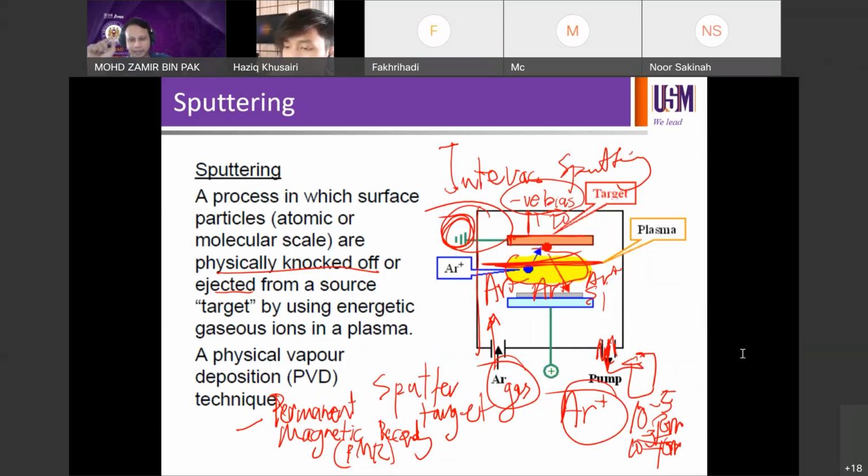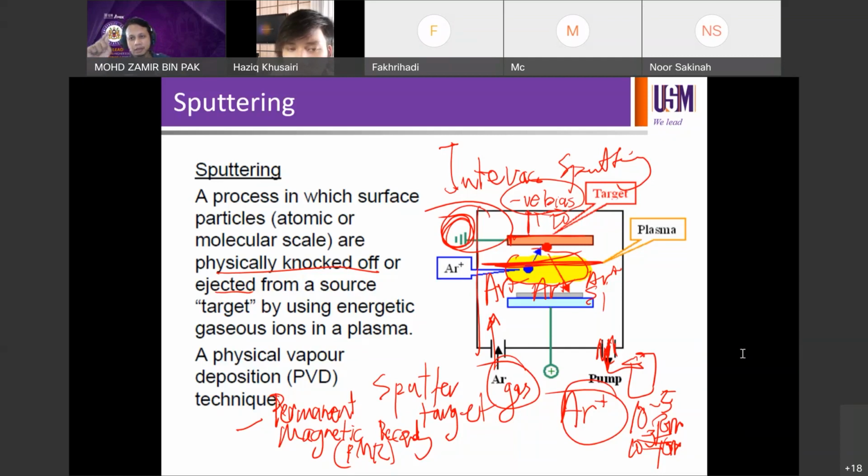When you apply bias, negative bias, do we have more ions going to the target? Yes, more ions. So do we have more sputtering? Yes. That's the thing. So kita nak ion pergi kat target kan? So bila you apply negative bias, more positive ions, Ar plus, will be accelerated to the target.